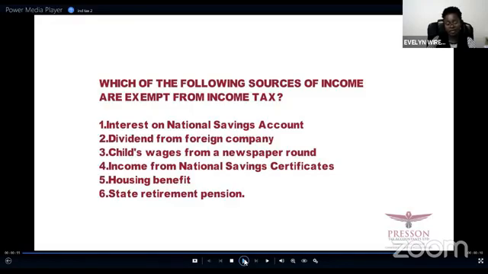And the other one I will talk about is housing benefit. Is housing benefit taxable or exempt from income tax? Then the final one is state retirement pension. So state retirement pension, is it taxable or exempt from income tax? Yeah, so this is a question for you to think about.